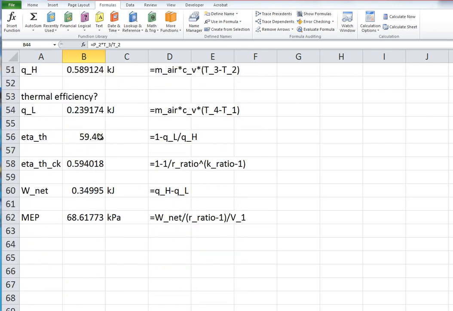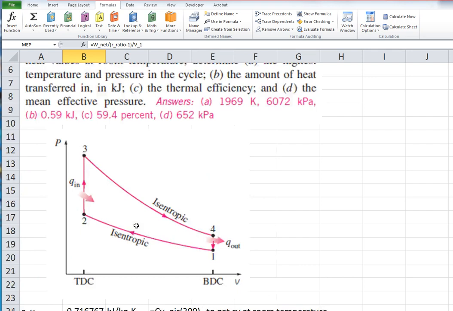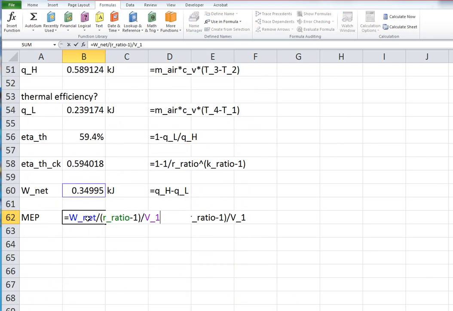So we got the 0.59 for the QH, 59% for the thermal efficiency, and we got 68.6 for the mean effective pressure. So again, yeah, I don't like that answer. He's got 652 kPa. Everything else we're pretty good on, so let's see where we may have gone wrong. I'm assuming it's in this volume ratio calculation.